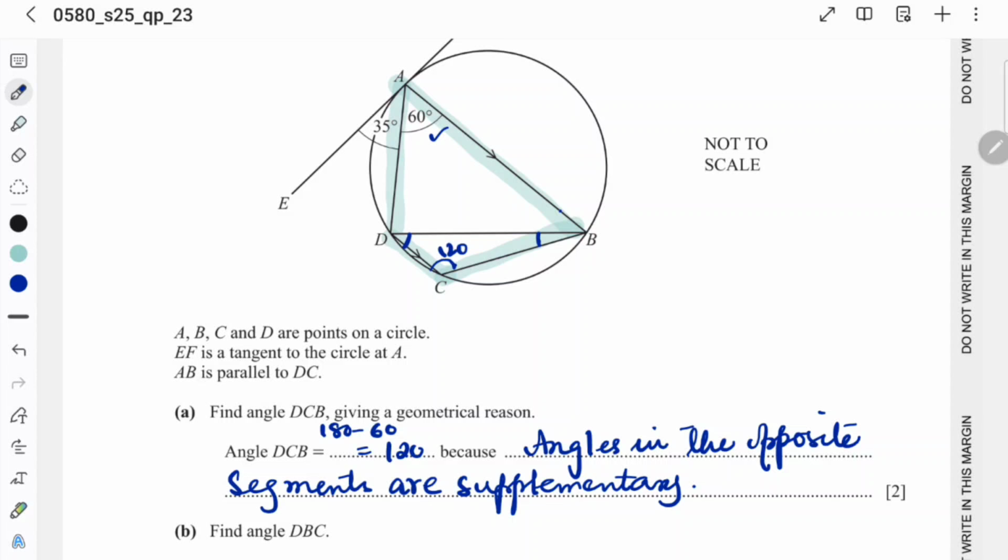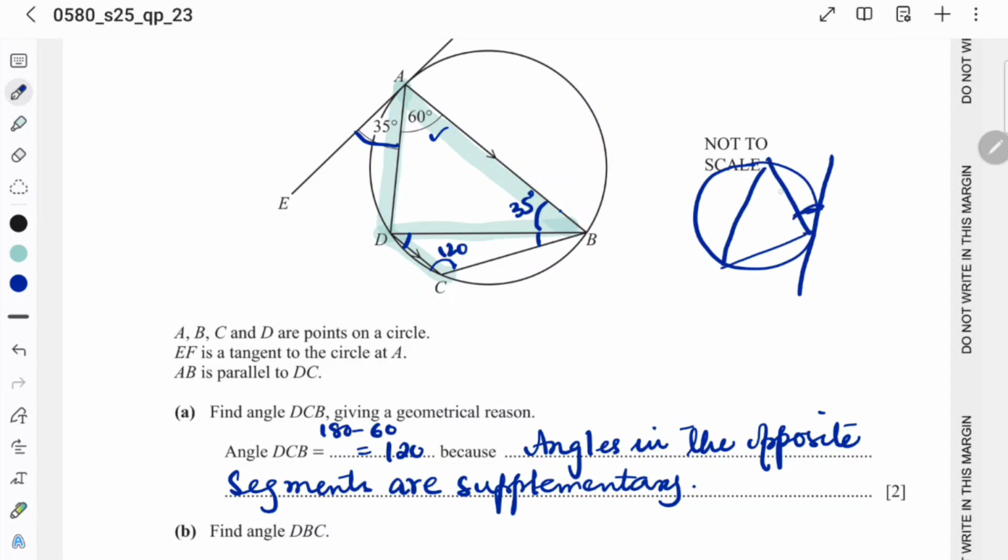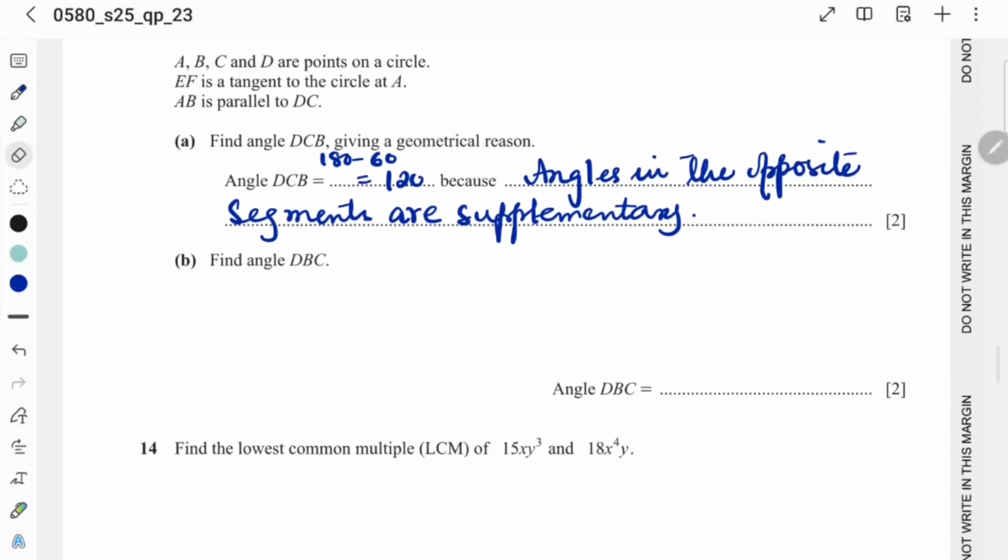Consider why they have given you 35 degrees. If I just look at this triangle, it's a tangent. So this 35 and this 35 will be equal. Remember, if you have a tangent like this, then this angle will be equal to this much. This is the alternate segment.